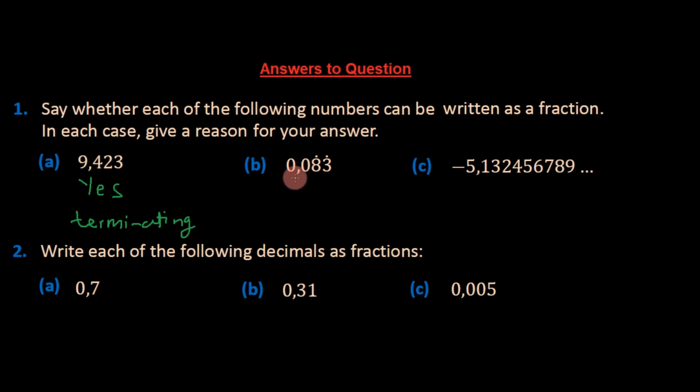In B, we have a recurring decimal, so yes, we can write it as a fraction. In C, we have a non-terminating, non-recurring decimal, so we can't write this as a fraction.